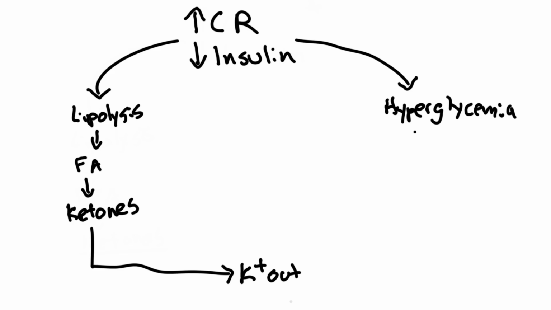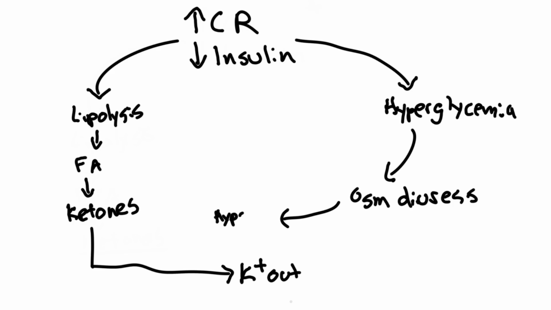Now, the main manifestation of this is an osmotic diuresis, and as this gets more serious, we start to see hypovolemic shock. And we see, therefore, acidemia occurring from the ketone and from poor perfusion from the hypovolemic shock.